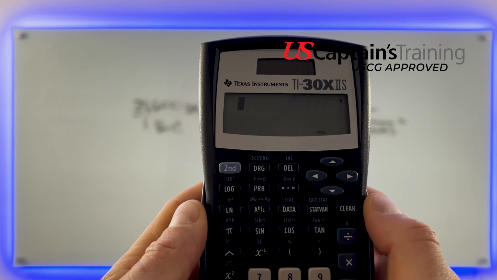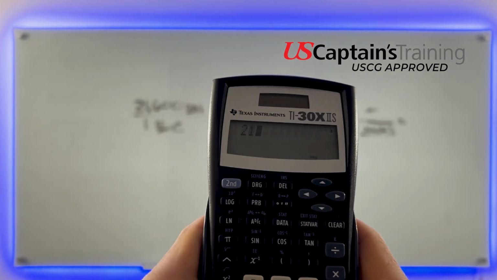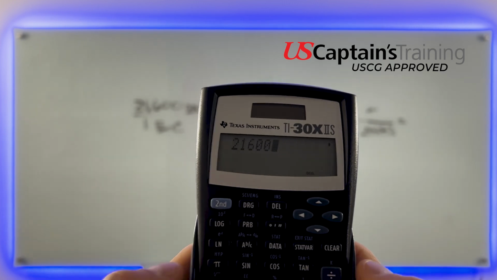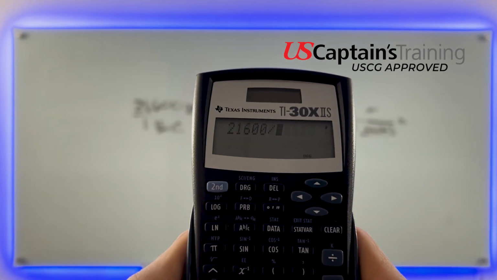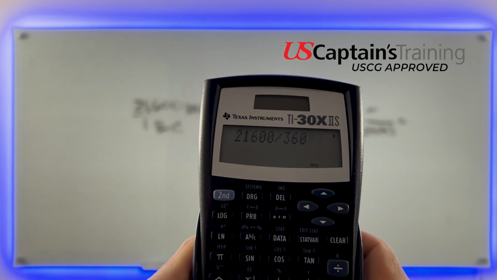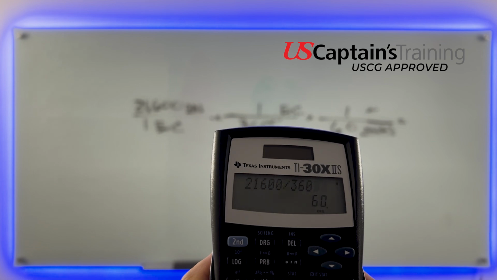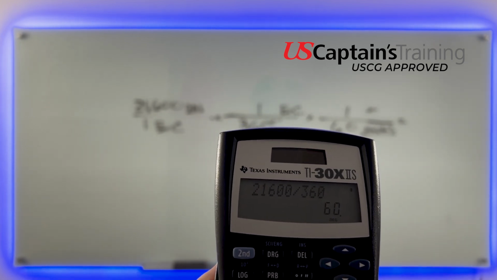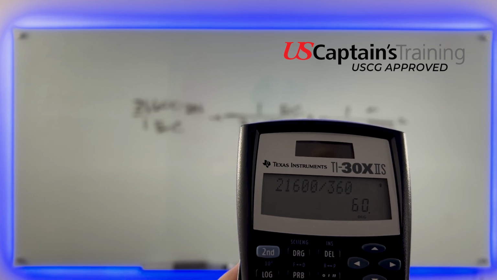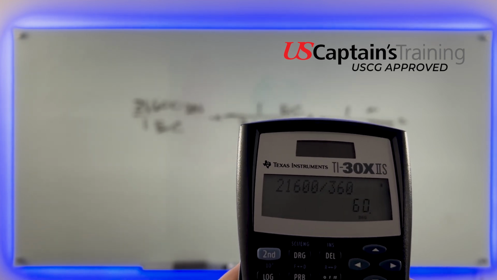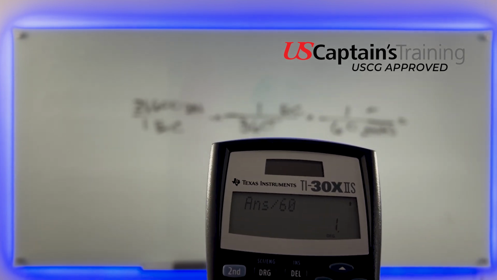We got 21,600 nautical miles in 1 Earth circumference divided by 360 degrees in 1 Earth circumference equals 60. So now we have 60 minutes per, okay, so divide that by 60 and we get 1.